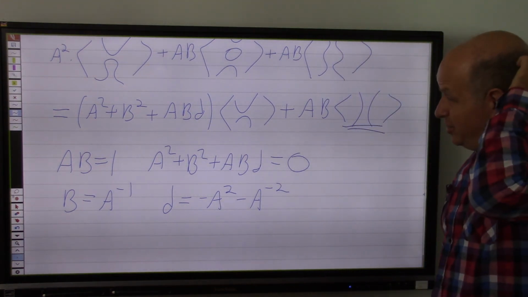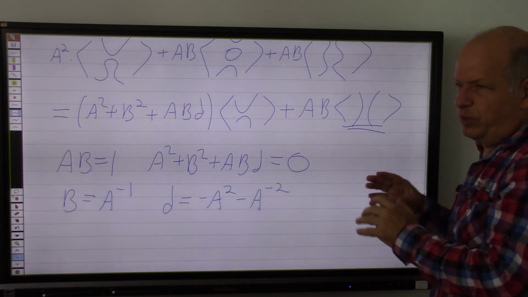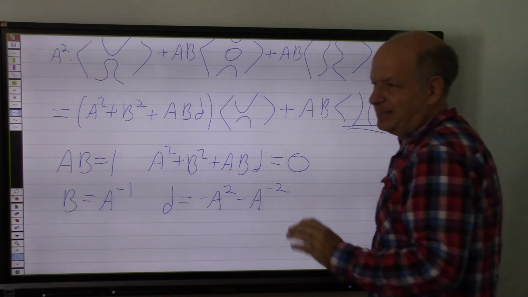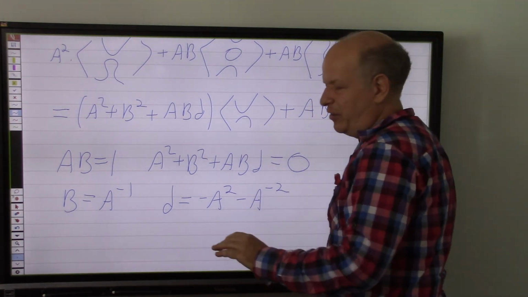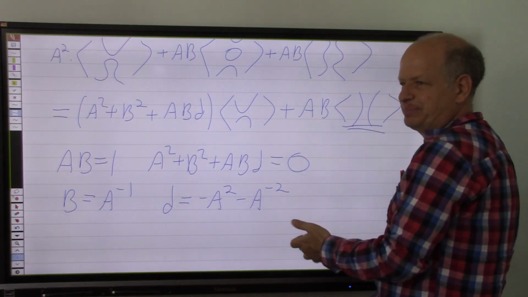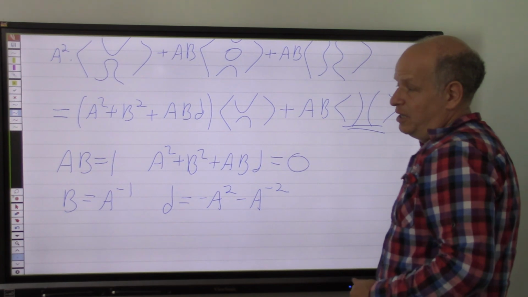So we started with something that might have depended on 3 variables, and now we find that it actually depends on only 1 variable, A, because the other 2 variables can be expressed in terms of A if I want it to be an invariant.